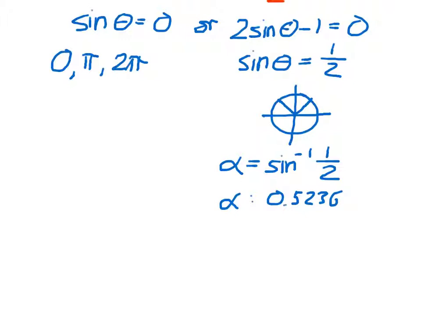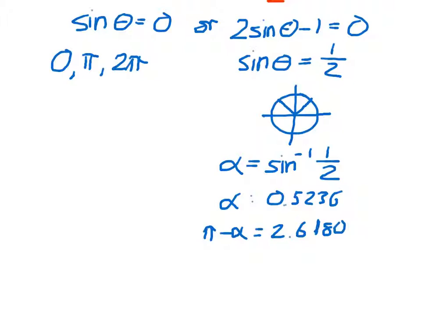and we know that our second solution is going to be pi minus alpha from the unit circle, right? This is alpha, so to find this angle I do pi minus alpha. And that's going to get us 2.6180. Now, we could have noticed that sine of 1/2 is one of the common coordinates from our unit circle, right?